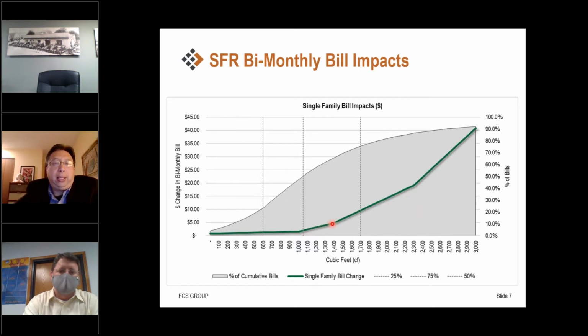If we take a look at annual water consumption, the annual average is about 1,400 cubic feet. So that represents water that someone would use year-round with a little bit of outdoor usage for watering the garden, for example, washing cars, etc.